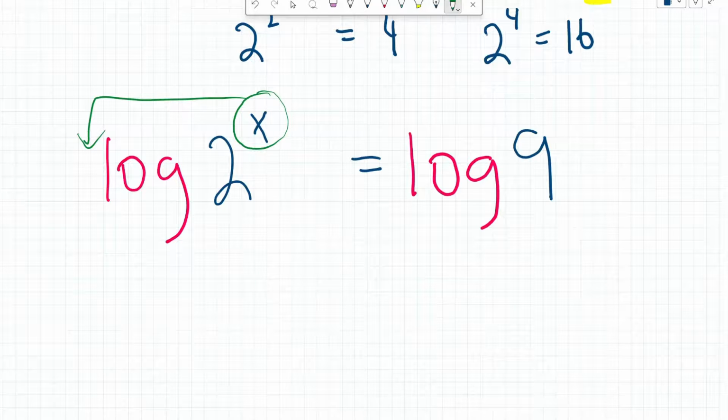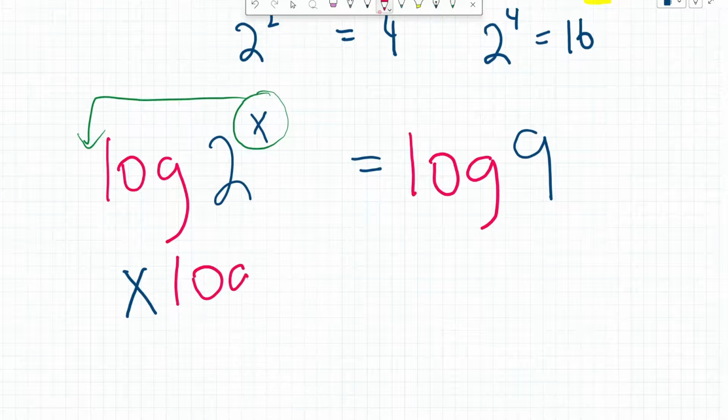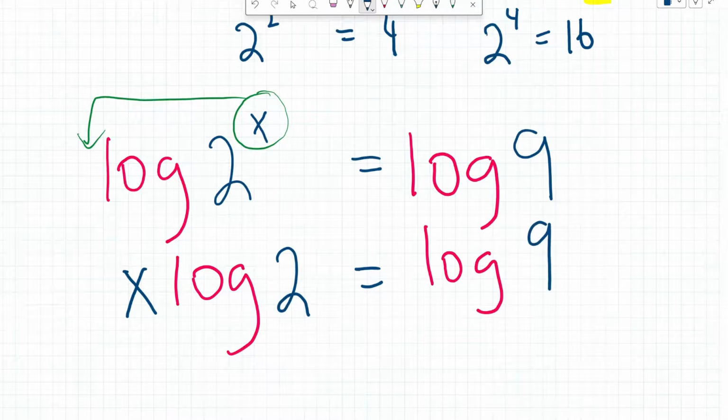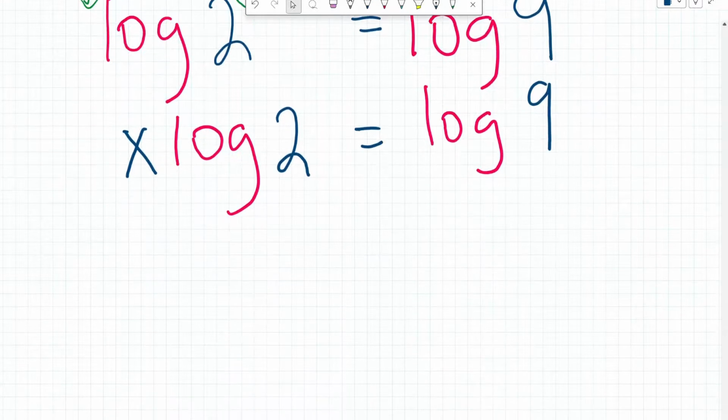So now it is taking x away from being an exponent, and that's something that we're a bit more comfortable with. So now we've got x log 2 equals log 9. And now we can apply just generic algebra in order to solve for x.